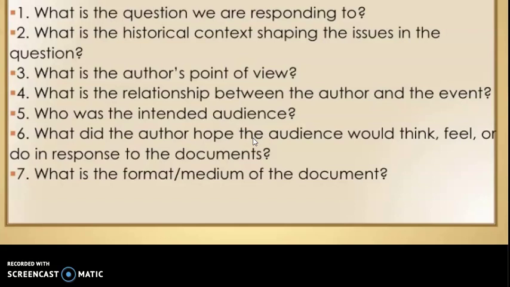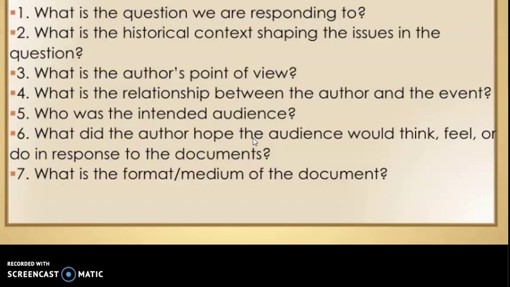A little rundown. First one is just what's the question? What are we working on? Number 2 is what's happening around the time, or what's the historical context, just what's going on. Number 3 is the author's point of view, essentially what they're thinking, what's their mindset, and how is the author related to the events, and who is the author writing to.